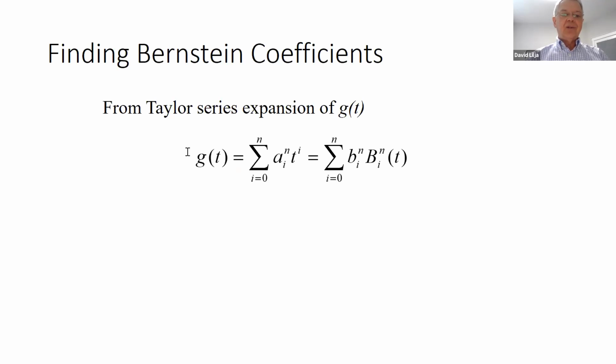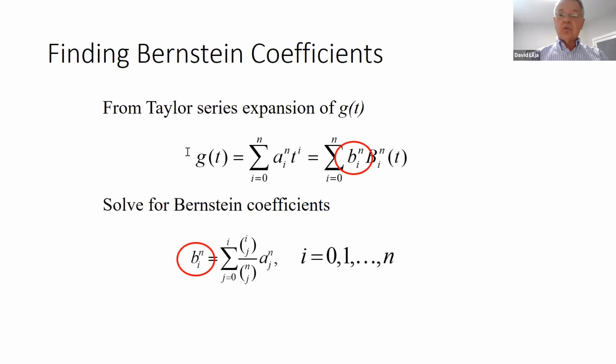And all I need to do is solve for those Bernstein coefficients. It looks a little messy down at the bottom, but it's easily automated. I can do this in Mathematica or something like that and easily find those coefficients, given that I know what the Taylor series expansion is of this function I'm trying to implement. Sounds like a lot of steps, but it's actually pretty straightforward.